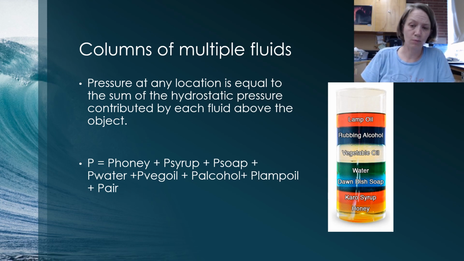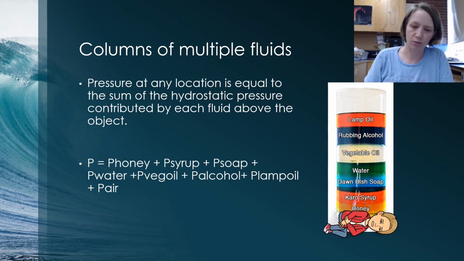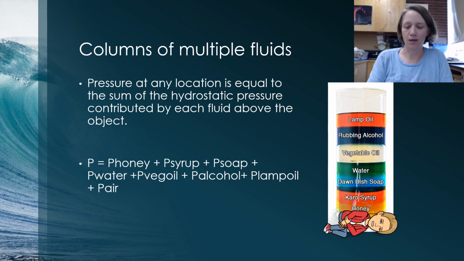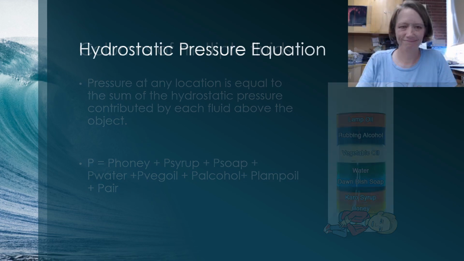If you wanted to know the pressure on the bottom of this container, it would be the pressure from the honey, plus the pressure from the syrup, plus the pressure from the soap, plus the pressure from the water, plus the pressure from the veggie oil, plus alcohol, plus lamp oil, and then I'm adding air because there's actually another fluid on top of that column. That would give you your total pressure.